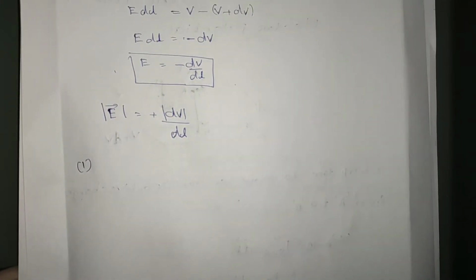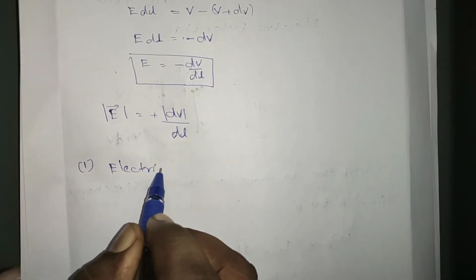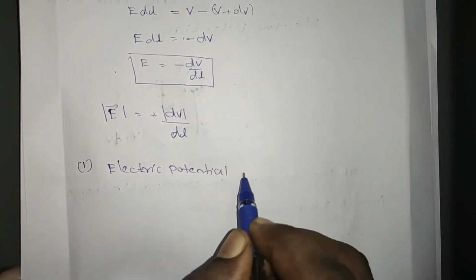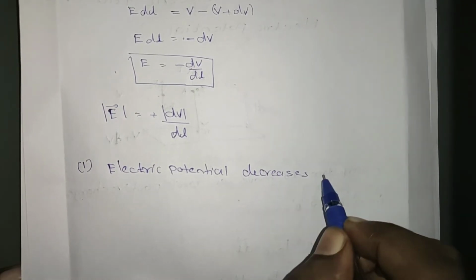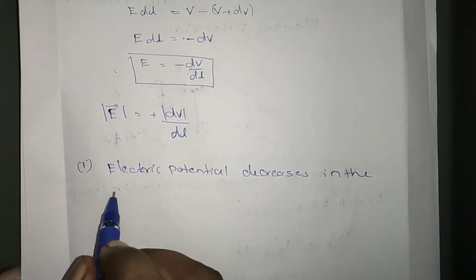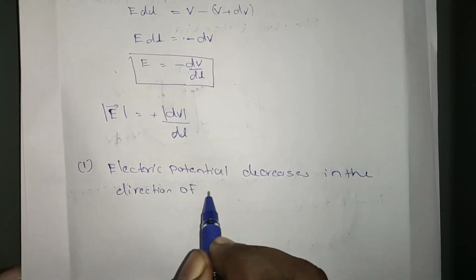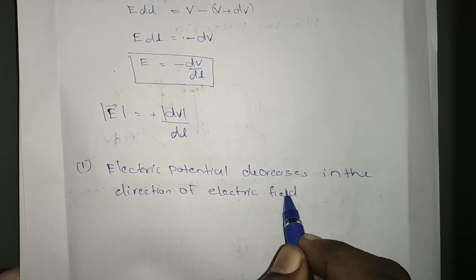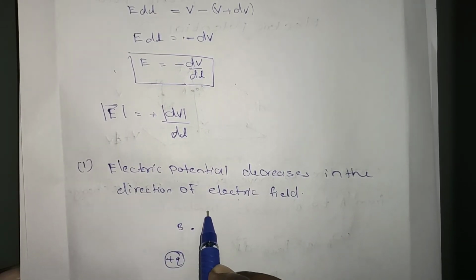Minus sign meaning is that electric potential decreases in the direction of electric field. How can you say that? If there is a positive charge here, there are two points, here is the B point, here is the A point.